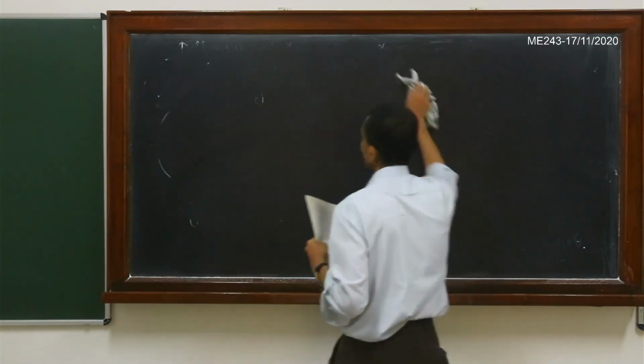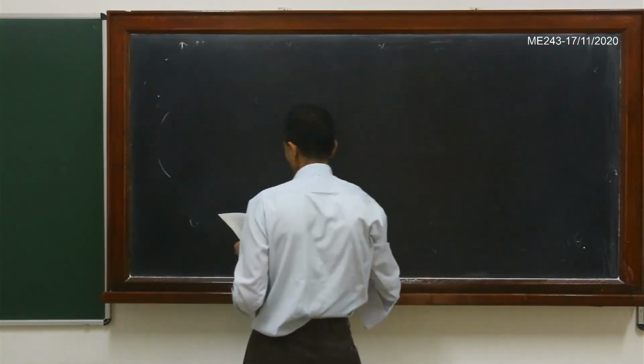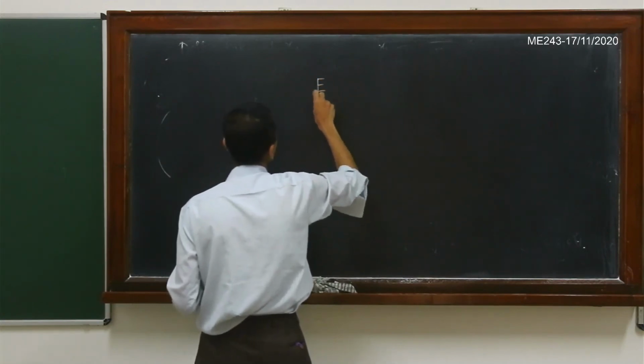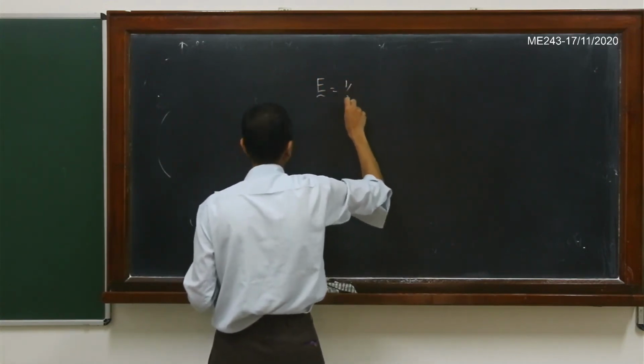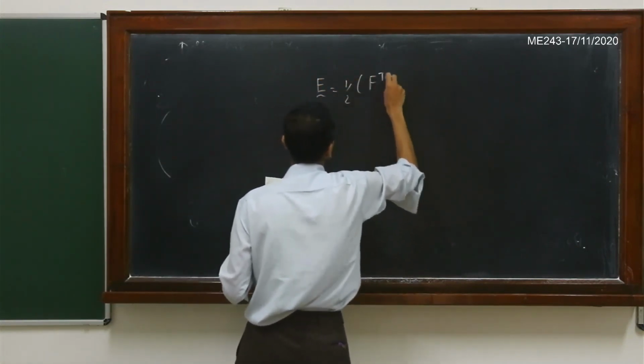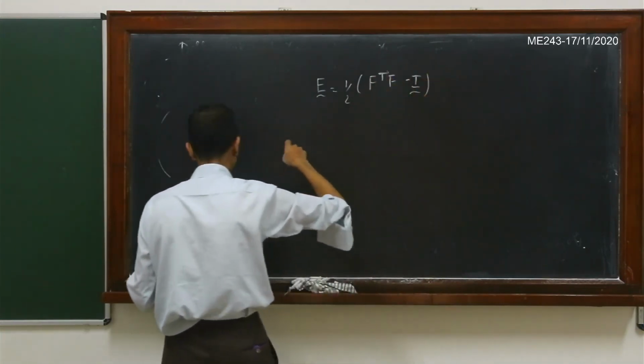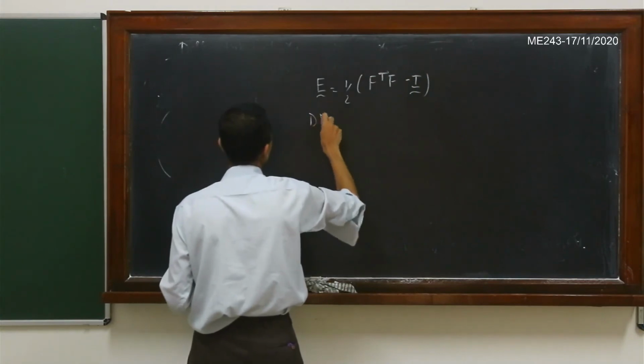So let us take the rate of the Lagrangian strain tensor. So this is half of F transpose F minus identity. So if I now take d by dt, let us find that.